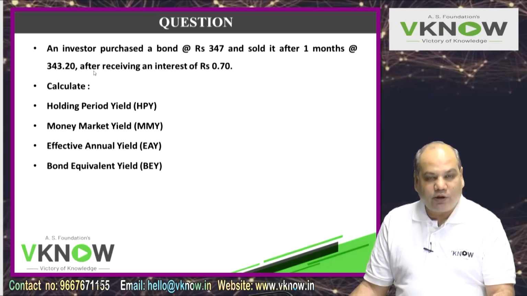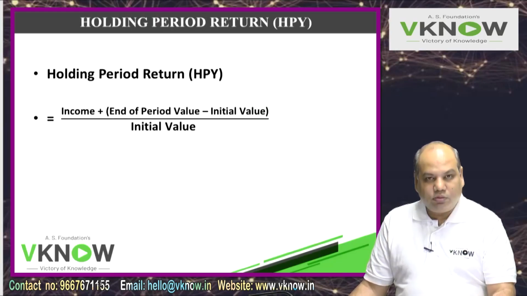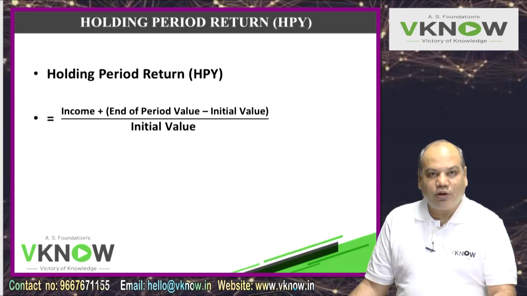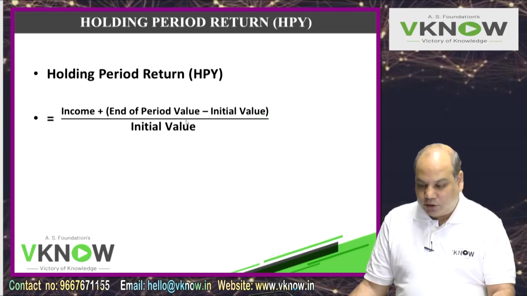So purposefully I have taken a different problem now, where you can have losses also. So don't worry, you can solve a problem of loss in the same way as you solve the problem of profit. So please write point 1, holding period yield. Holding period yield is equal to income plus end of the period value minus initial value divided by initial value.